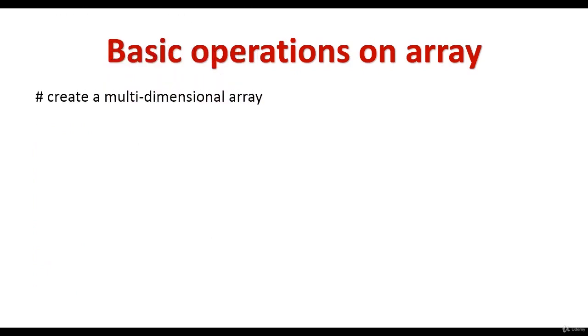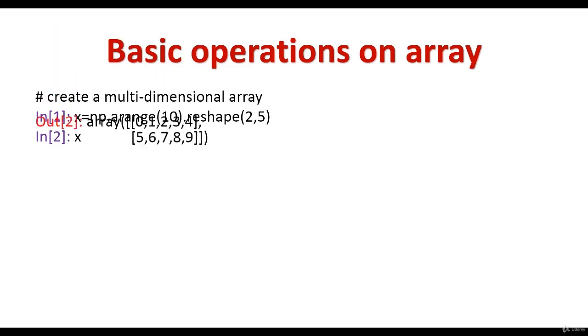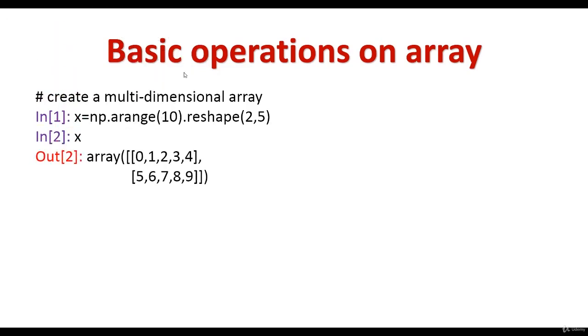Now let us create a multidimensional array. np.arange is equivalent to the range built-in function. np.arange 10, and then you reshape it into 2 rows and 5 columns. Now it returns the array of 2 rows and 5 columns.